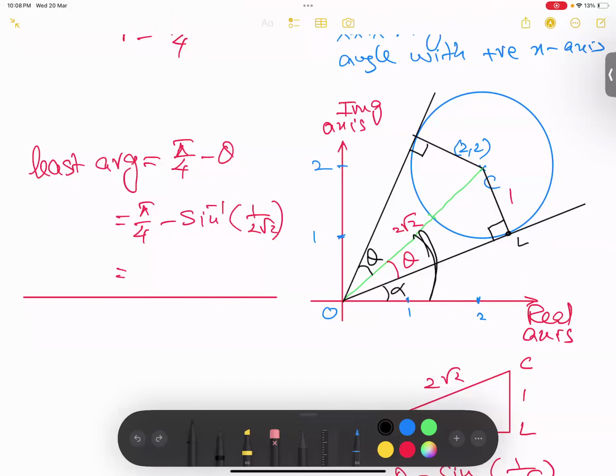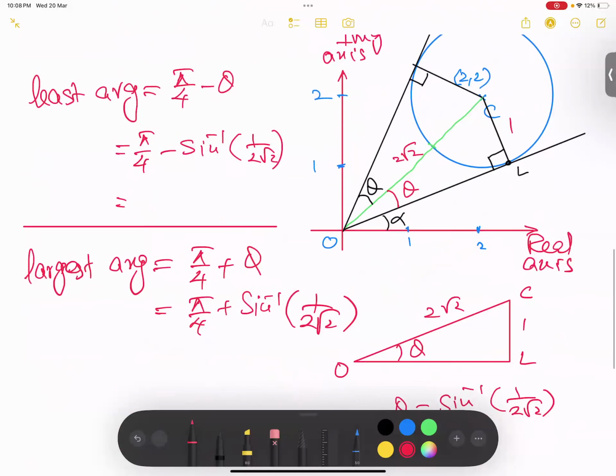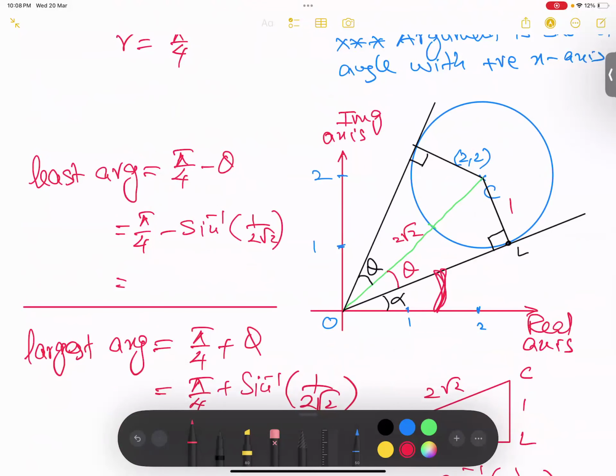So this is pi by 4, and this is theta. So if I ask you what is the largest argument, we can say pi by 4 plus theta. It means pi by 4 plus sine inverse 1 over 2 root 2. Alhamdulillah. So this is the least angle and this is our largest angle.